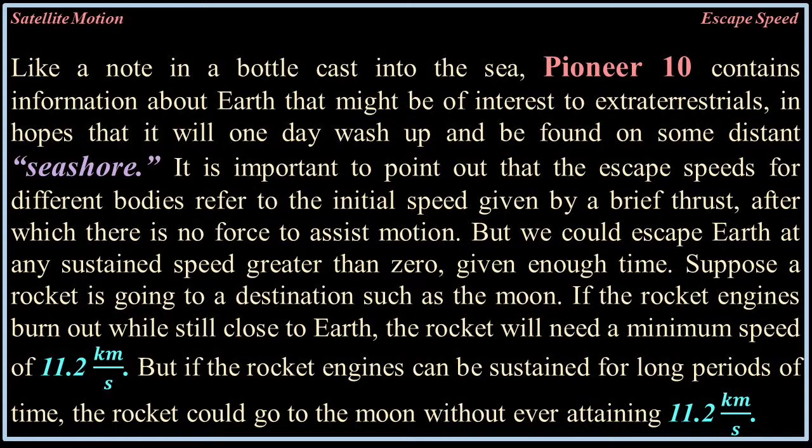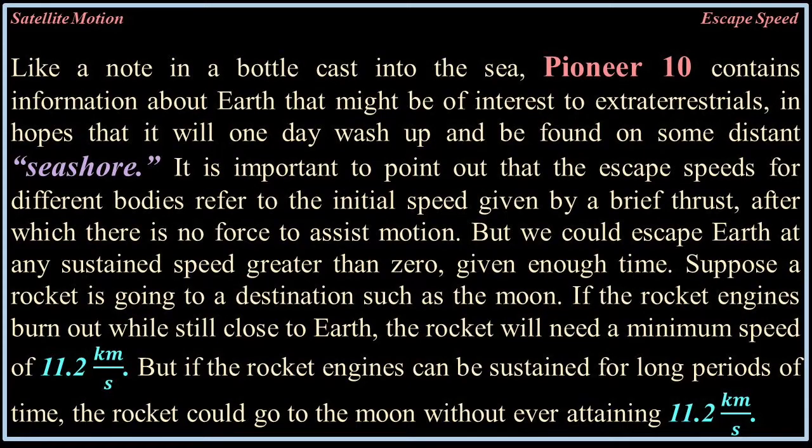It is important to point out that the escape speeds for different bodies refer to the initial speed given by a brief thrust, after which there is no force to assist motion. But we could escape Earth at any sustained speed greater than zero given enough time.